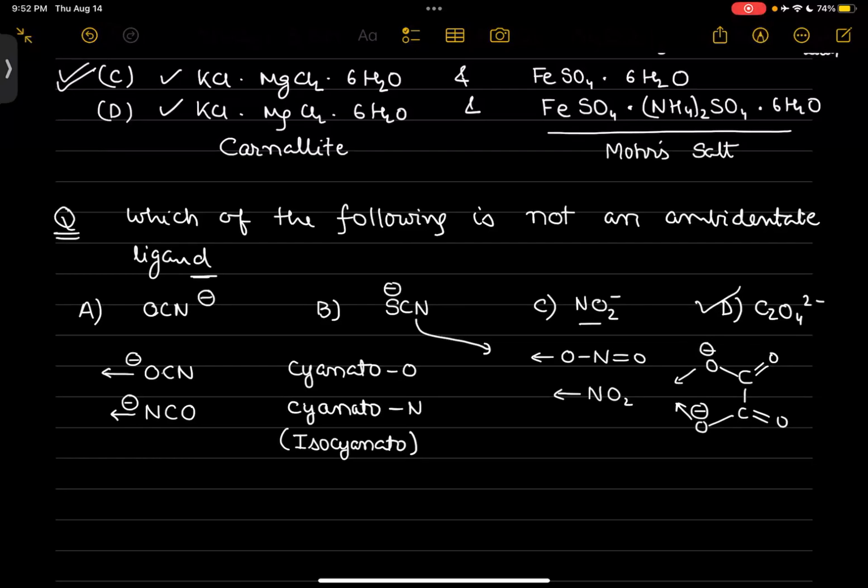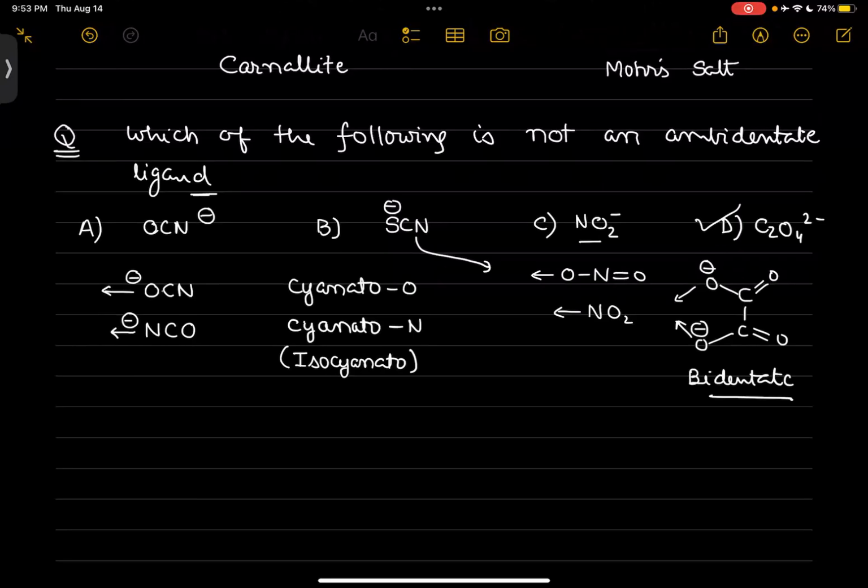Is it clear or not? It is a bidentate. So the answer is going to be option D, the last option. That is going to be the right answer.